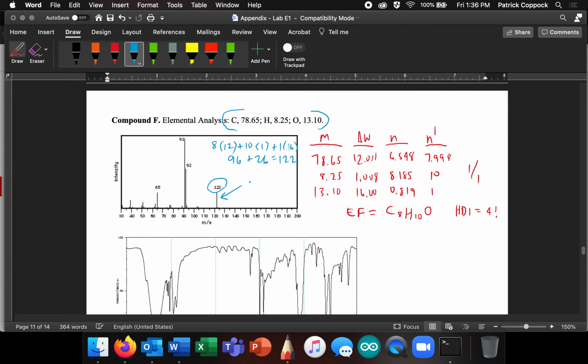So that is our M plus peak, and the molecular formula equals C8H10O, okay? So our empirical formula and molecular formula are the same thing. Let's go on to the next color. Oh, I got my point for that, right? Remember, I'm doing 1 point for each of these steps, okay? Got a point for that.